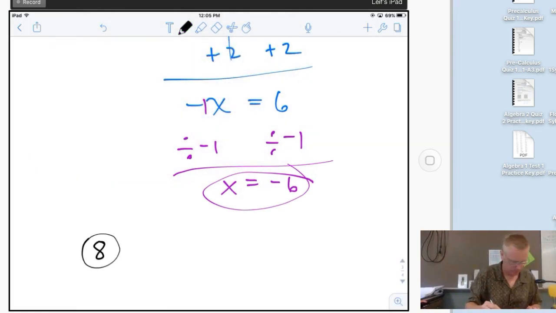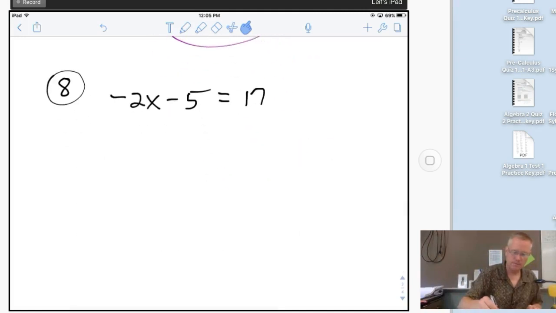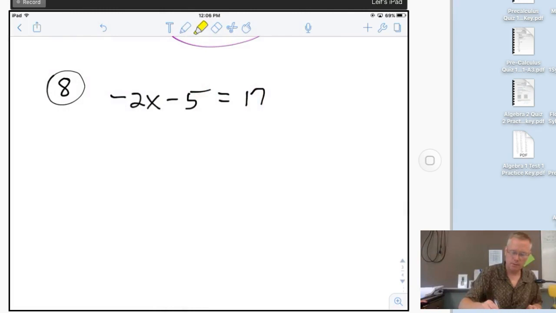Eight. Okay, this one. So, first thing I'm going to do, tackle the minus 5. So I'm going to add 5.